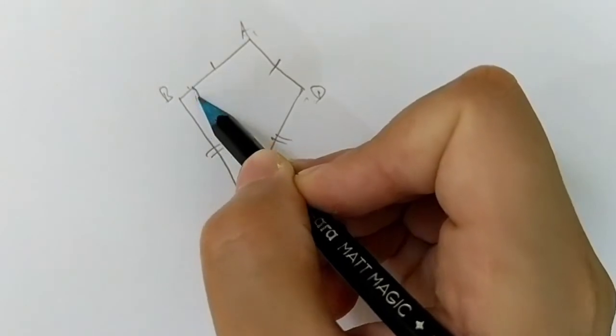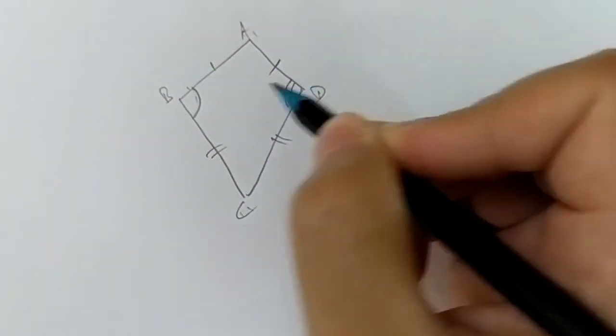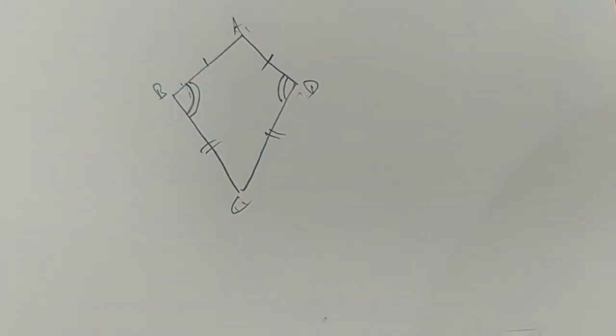It means that this angle is equal to this angle. These two angles, angle B is equal to angle D. It means a pair of equal angles is also present in the kite, which is a quadrilateral because it has four sides.